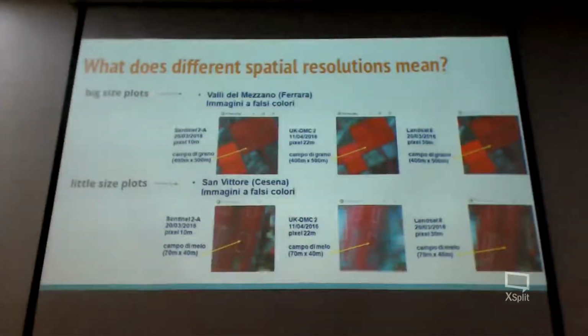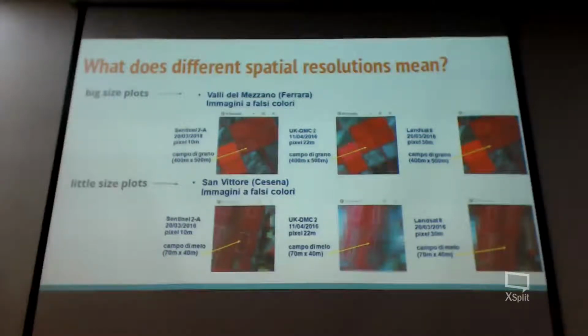Why is the spatial resolution important for this service? Because we don't have the same plot sizes everywhere, but there are some places where we have a mixed plot size in our region.